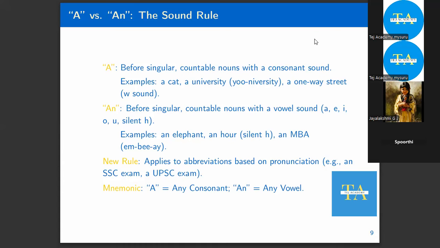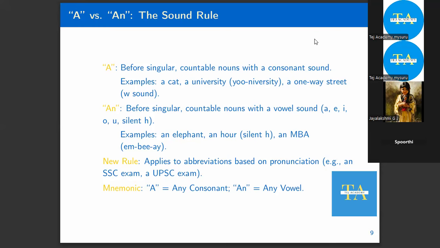We should say a NATO meeting because it directly starts with the N sound. In the example NRI, N starts with an A sound, N. But here, NATO is directly started with the na sound, without any A sound. That's why we use a NATO meeting.